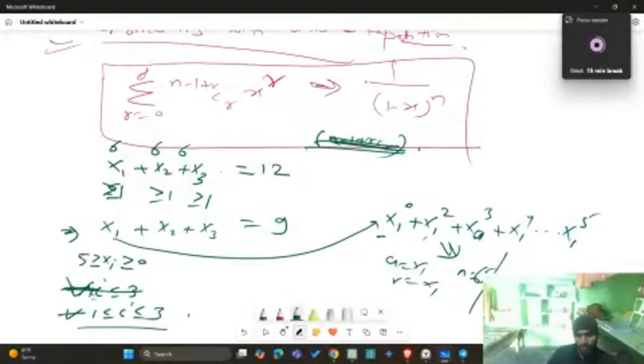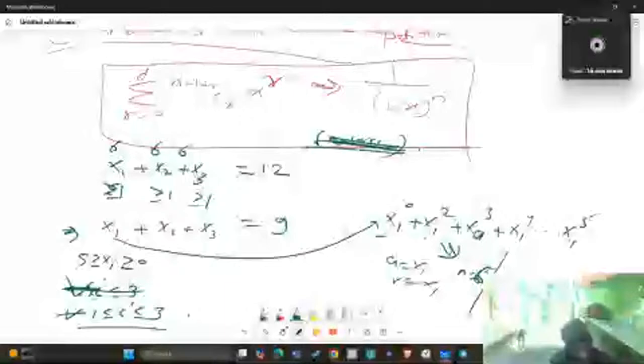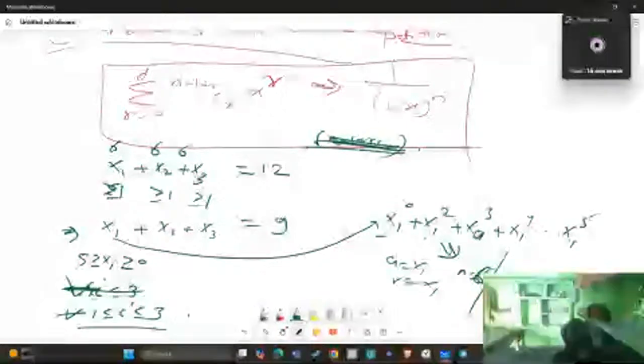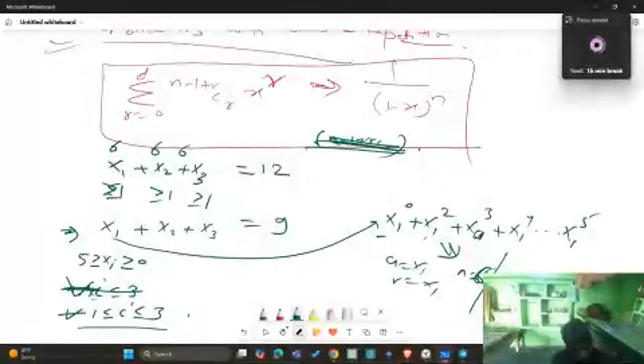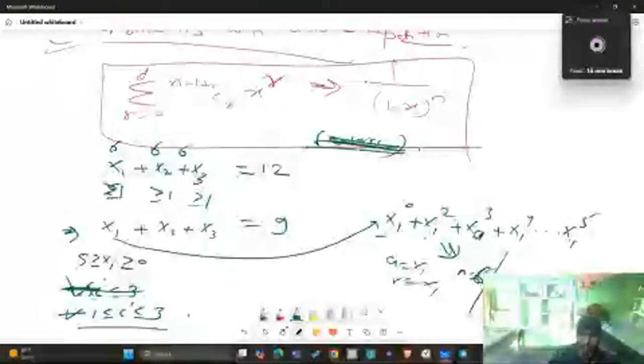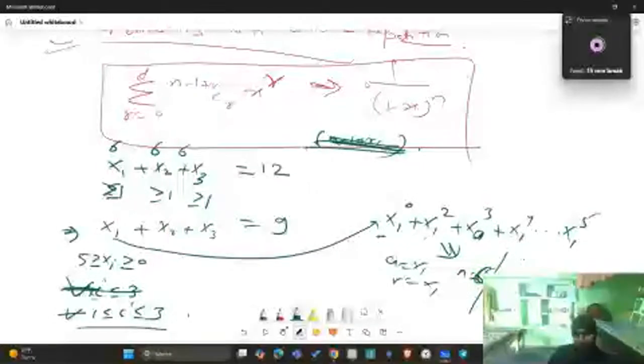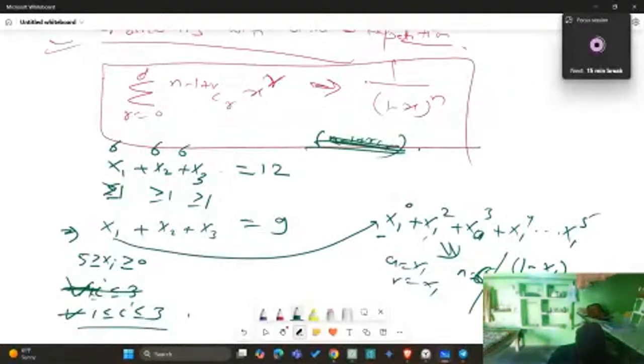By the geometric series, we can get this as (1 minus x1 to the power n plus 1) upon (1 minus x1).